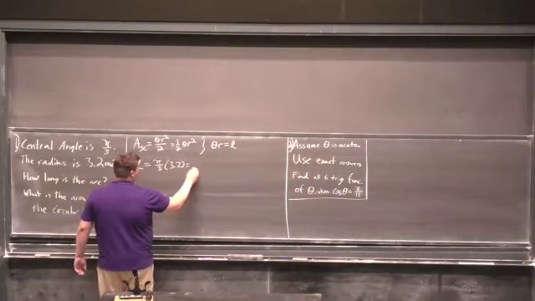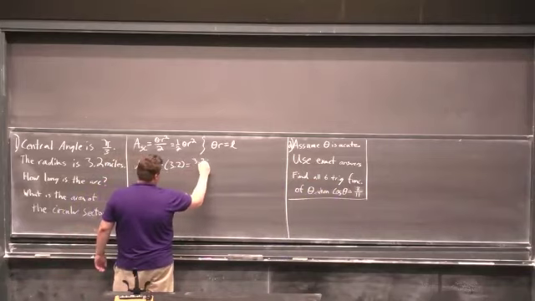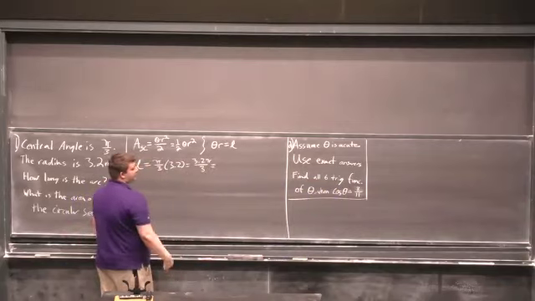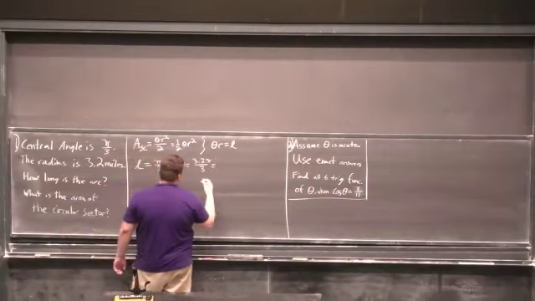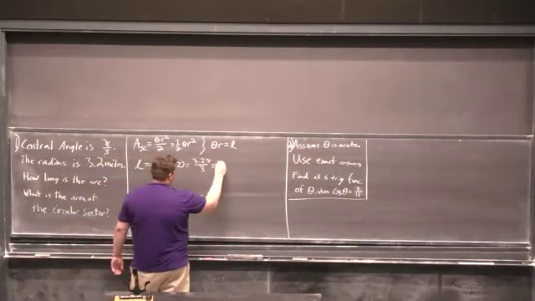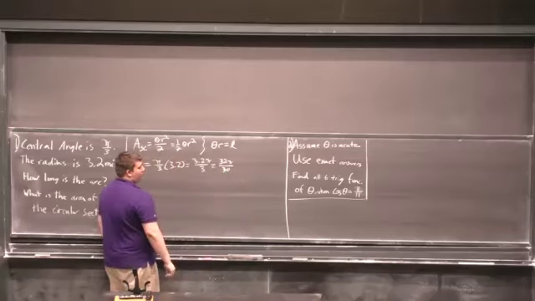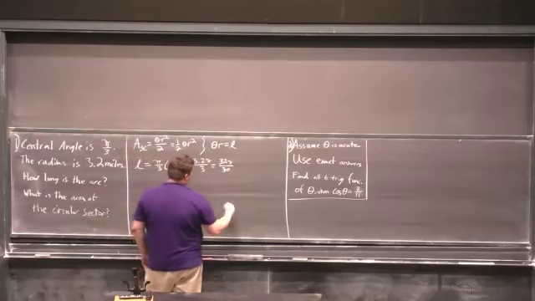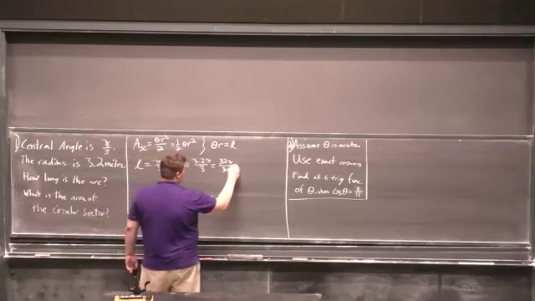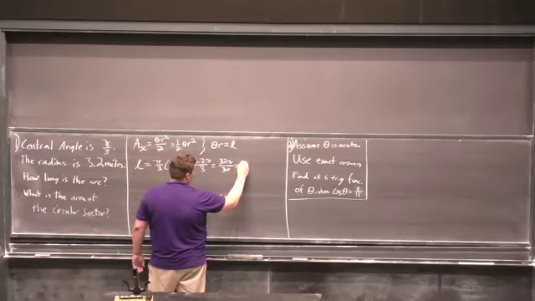So we get 3.2 pi over 3. And let's multiply top and bottom by 10, and we get 32 pi over 30. I can simplify this, divide by 2, and we get 16 pi over 15.